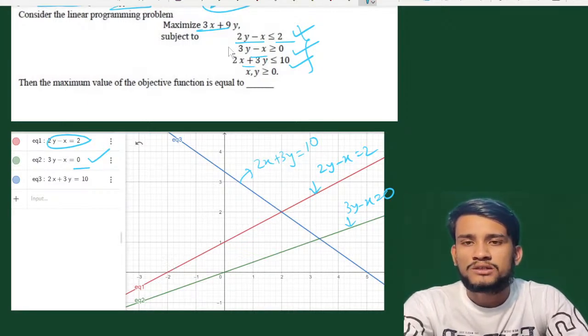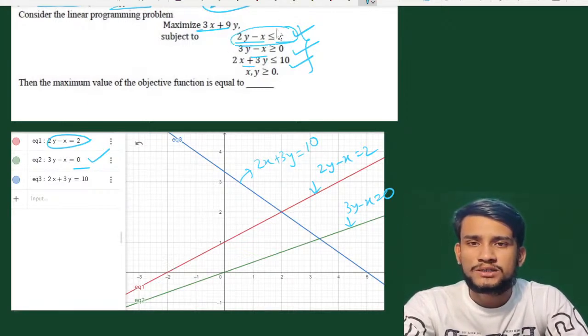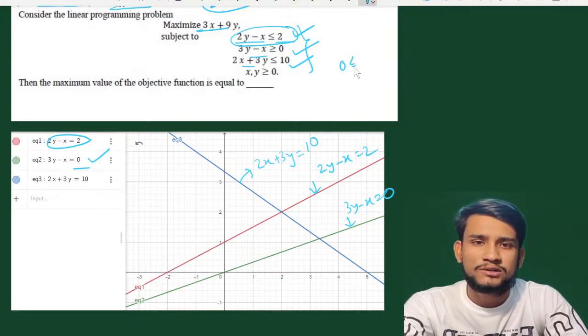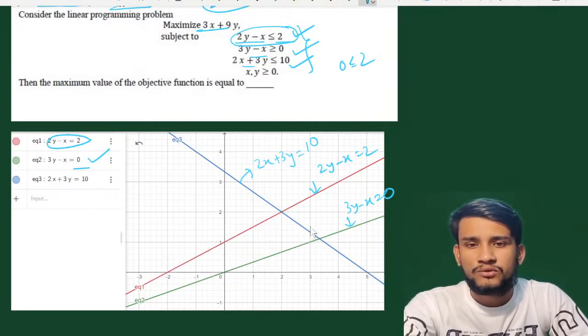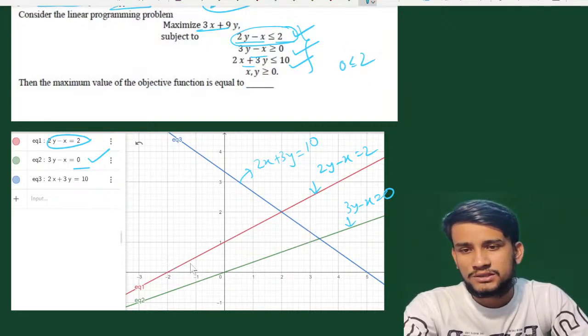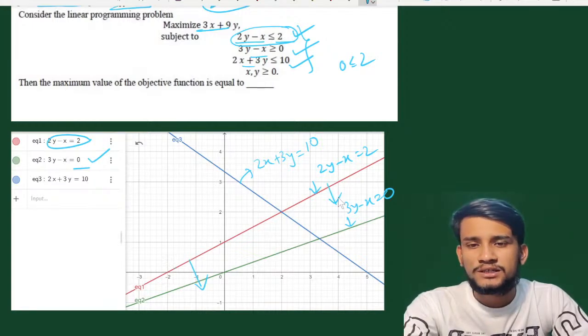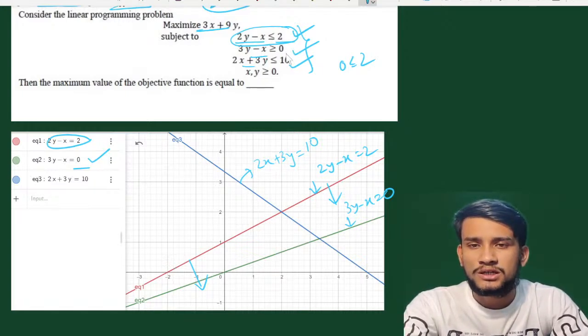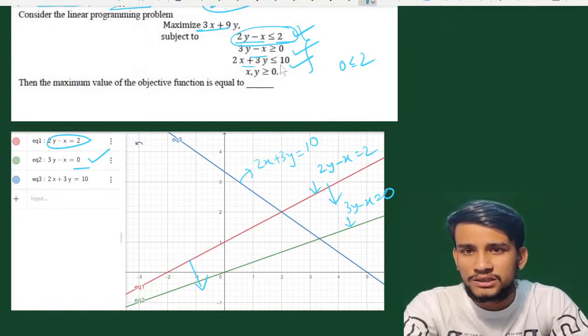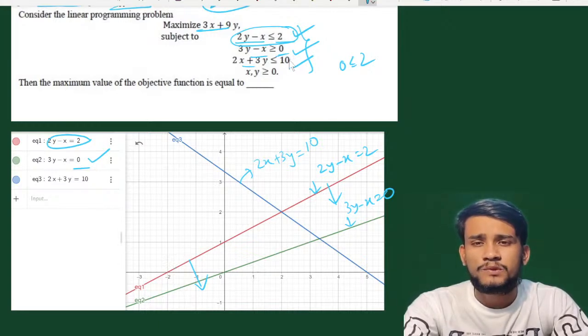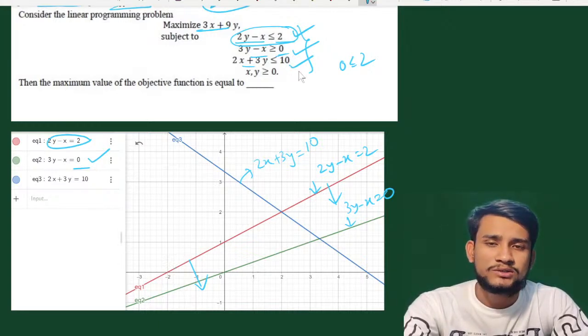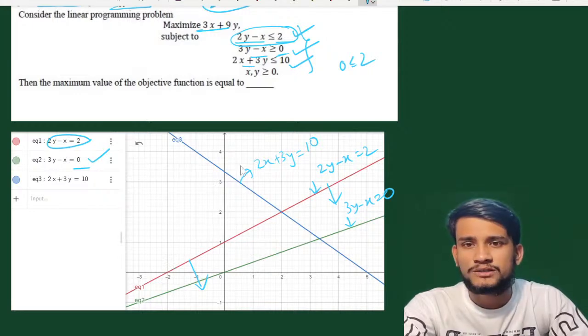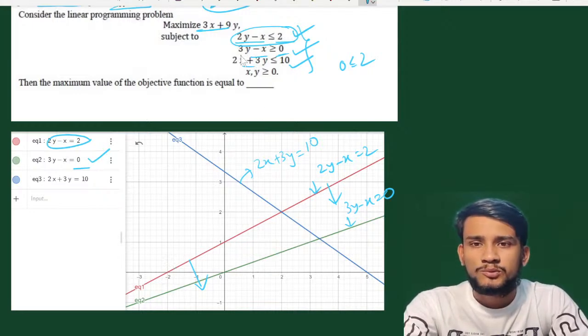Now see, if we put 0, 0 in the first constraint, we get 0 less than or equal to 2, which is satisfied. Therefore 2y minus x less than or equal to 2 is the region towards the origin. The second line passes through 0, so we put another point, suppose 1, 1.